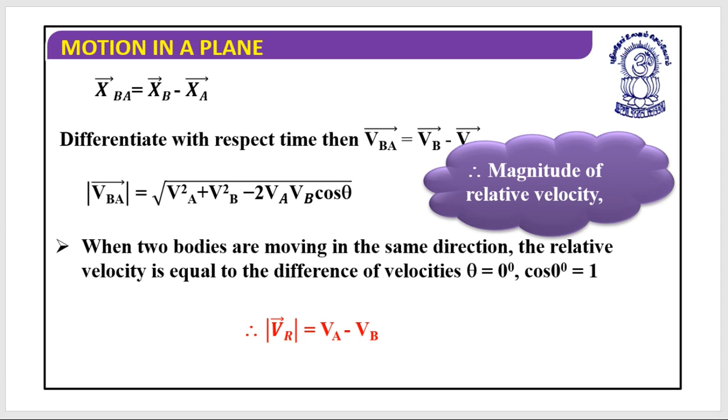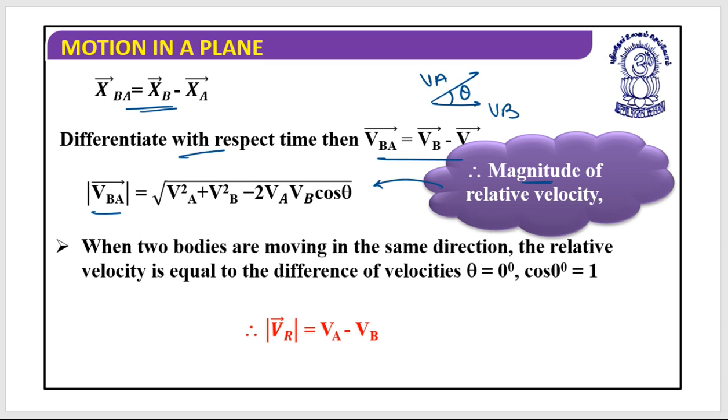Now XBA, which equals XB minus XA, differentiated with respect to time, equals VBA, which is VB minus VA. If this is VB and this is VA, and the angle between them is theta, then the magnitude of relative velocity can be calculated.